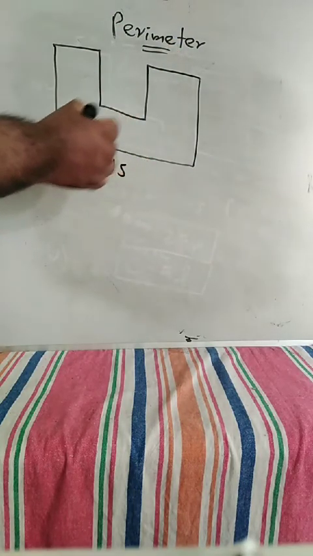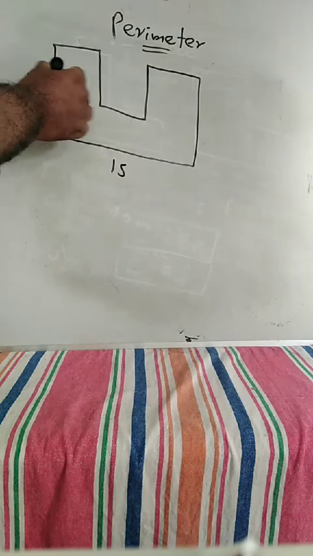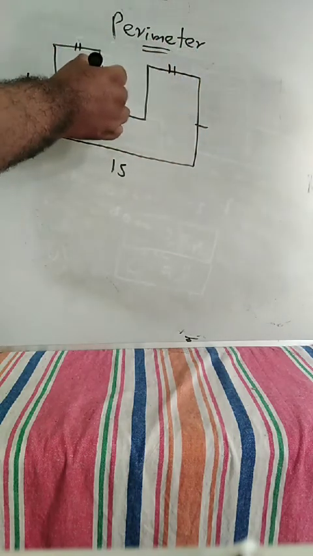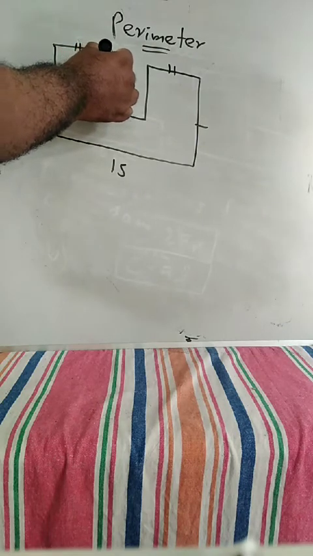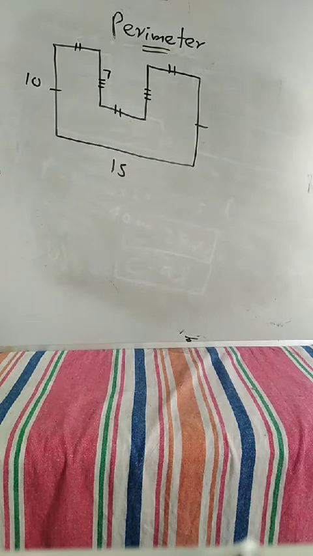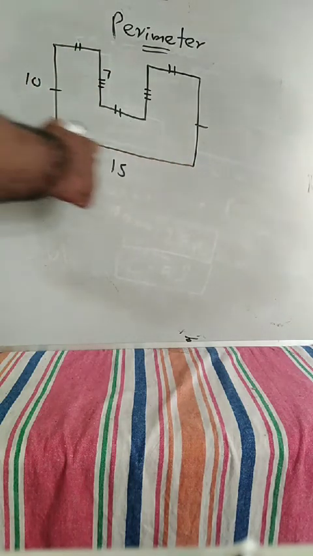They have given this. Find the perimeter. The data here: 10, 15, 7. This is 15.